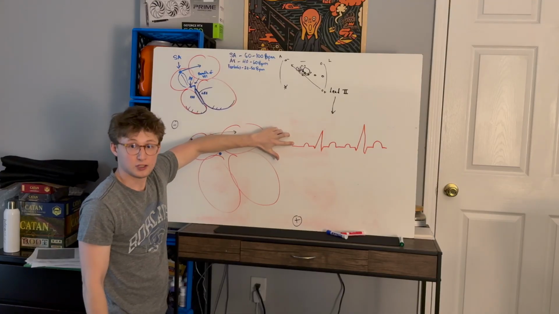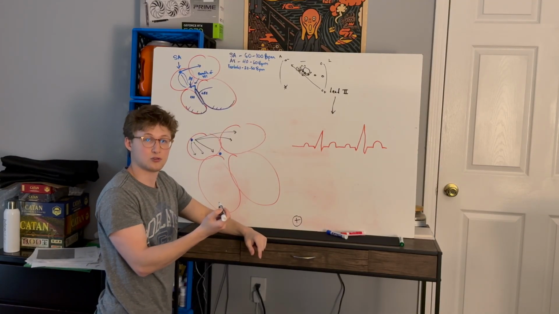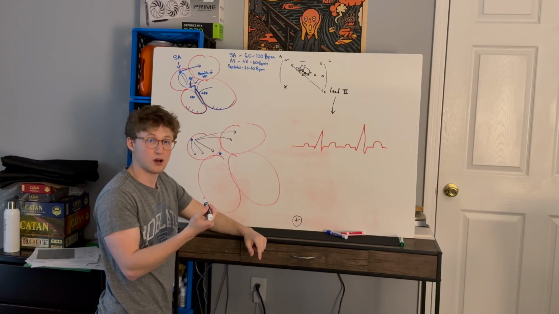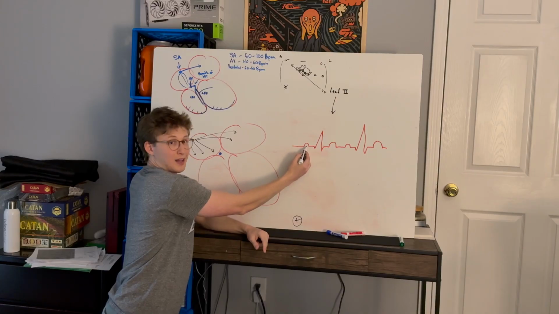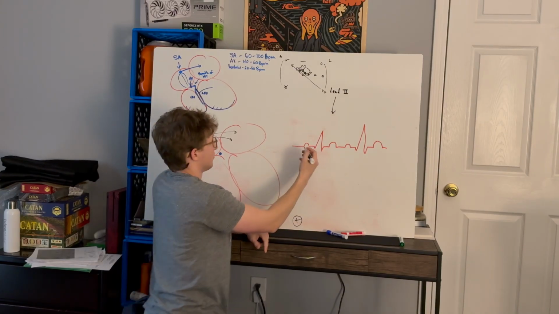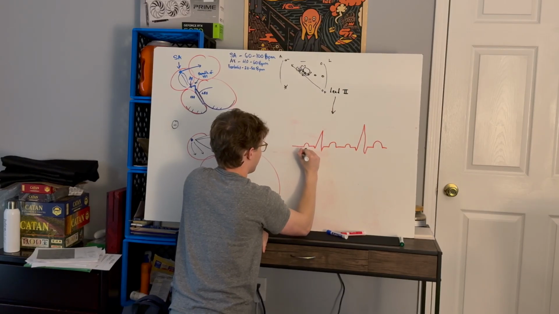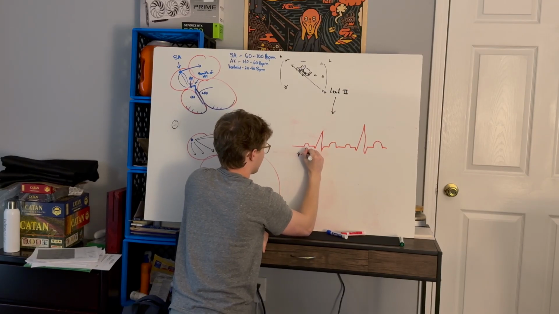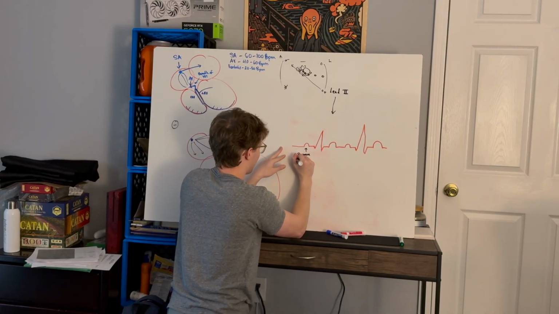On our ECG, positive charge moving towards our positive electrode, towards our viewing point of lead 2, creates an upward deflection. So this is the P wave. It represents atrial depolarization.